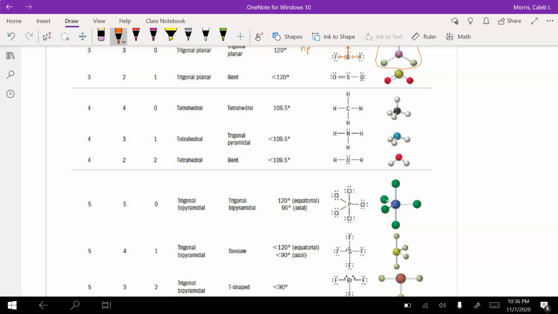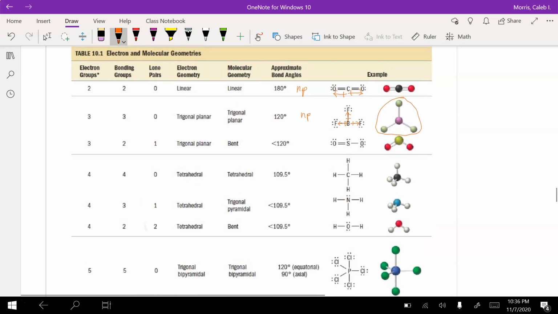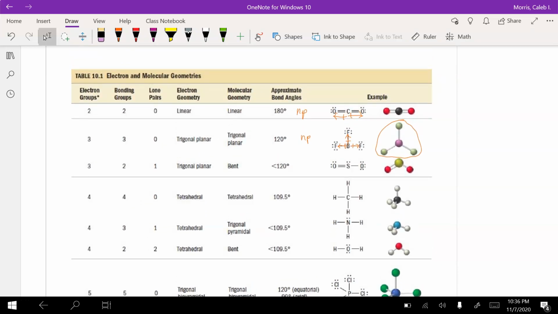So let's say, just looking at this example down here, in PCl5, if one of them was not chlorine, but let's say it was fluorine instead, it would automatically be polar because we would have a different electronegativity on one side. One of those atoms would have a different electronegativity.